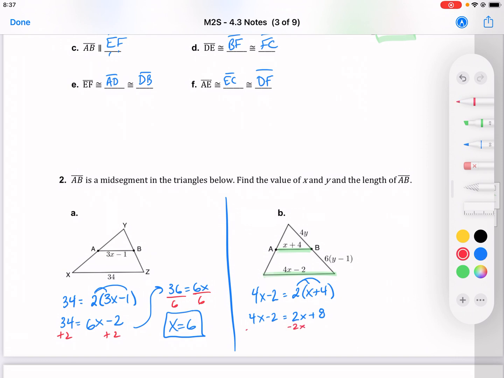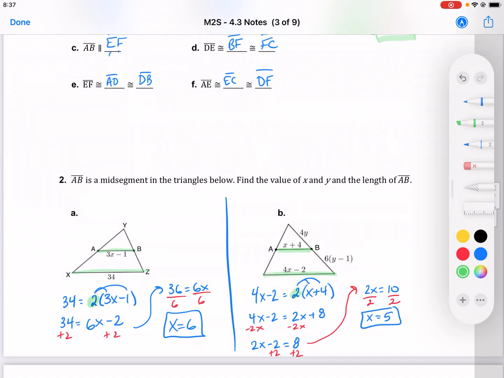I'll subtract 2x from both sides. So 2x minus 2 equals positive 8. I'll add 2 to both sides, and I'm running out of room, so I'll move it up here. So 2x equals 10. Then I'll divide both sides by 2. So x equals 5.